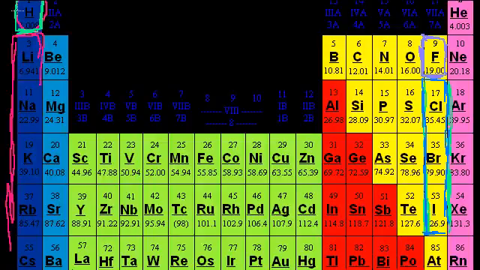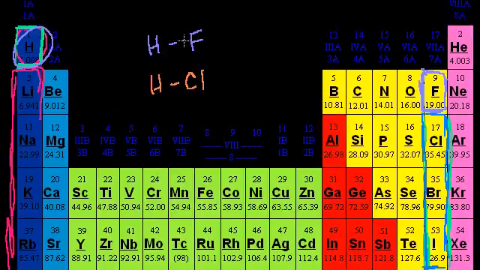So if you compare hydrofluoric acid to hydrogen chloride, this bond is stronger. You can measure the energy of the bond, and we'll do that eventually. But this is a stronger bond than this right here, and hydrobromic is even weaker. Let me draw it as just one line right there. So these are easier to break.